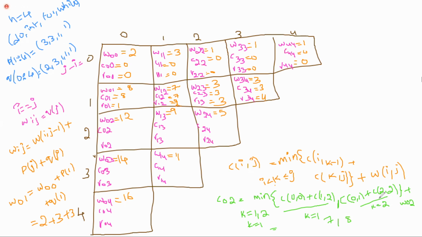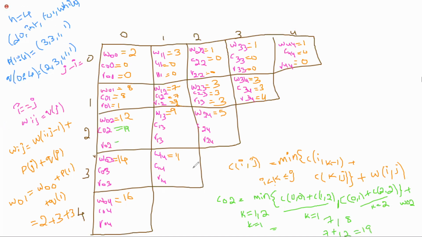Which one is minimum? K equals 1, so 7 is the minimum. 7 plus W02 value 12, which equals 19. So C02 is equal to 19.